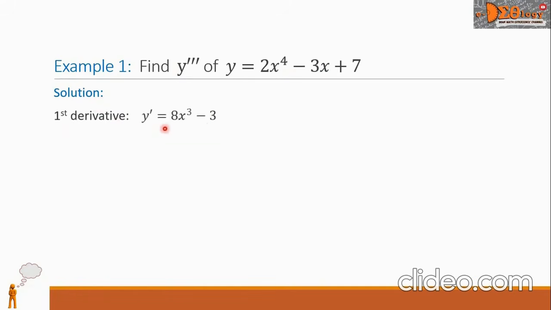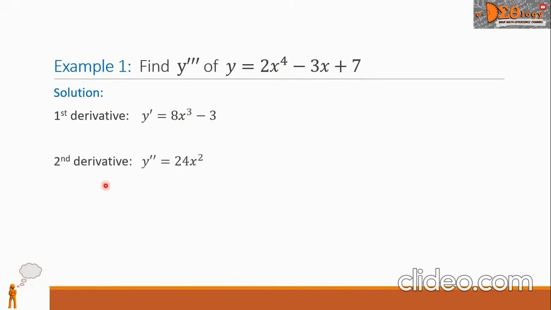So y prime equals 4 multiplied by 2 becomes 8 multiplied by x with the power 4 minus 1. So we see here power 3. So 8x cubed minus the derivative of 3x, which is 3, plus the derivative of the constant 7, which is 0, so we will not write anymore. Therefore, the first derivative is equal to 8x cubed minus 3.